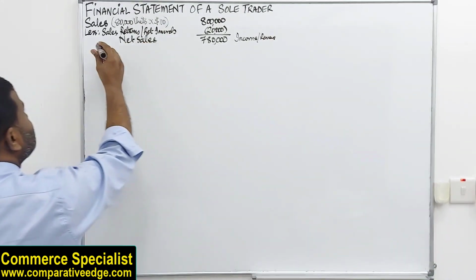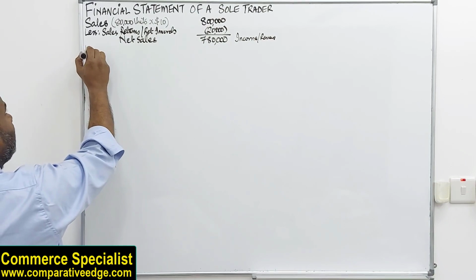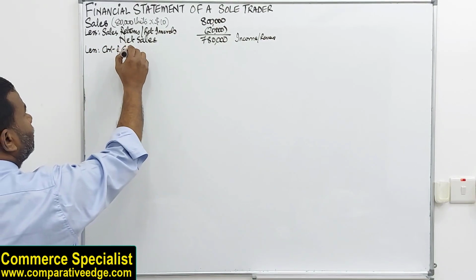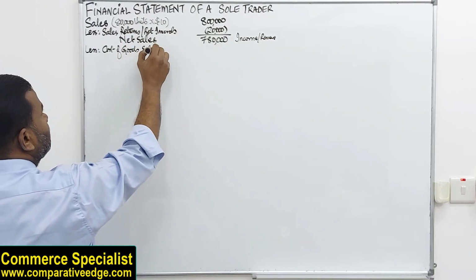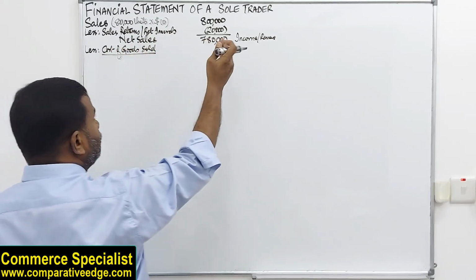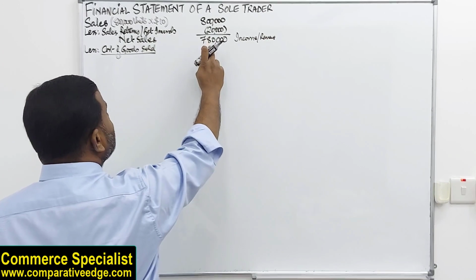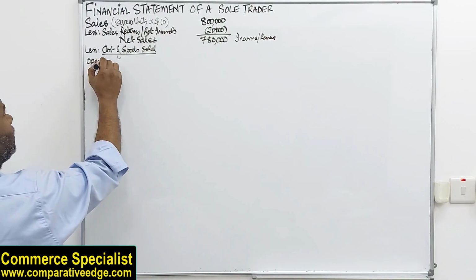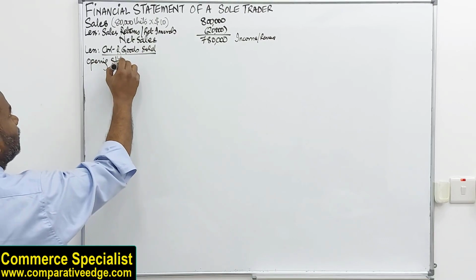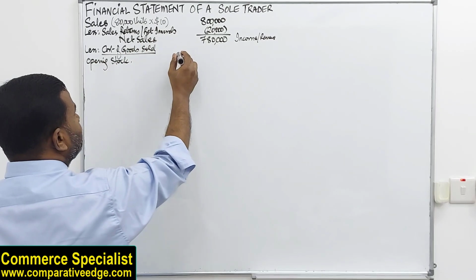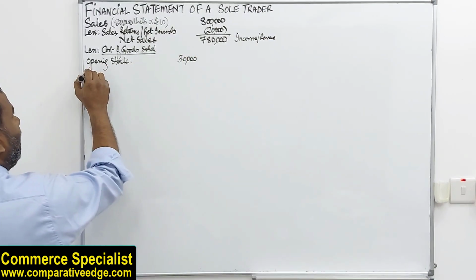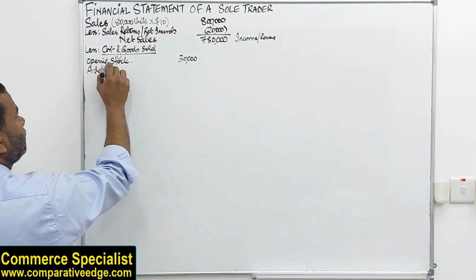So after net sales, you have to find cost of goods sold, which means you sold goods for 780,000. How much did it cost the business? So first of all, you start off with opening stock. I'm assuming it to be 30,000. Add purchases.